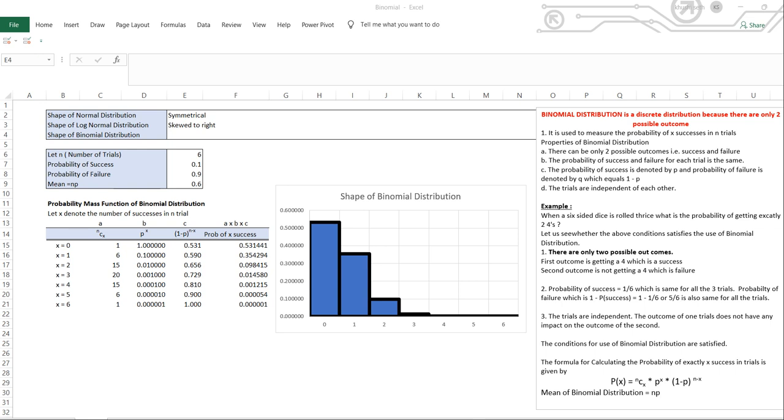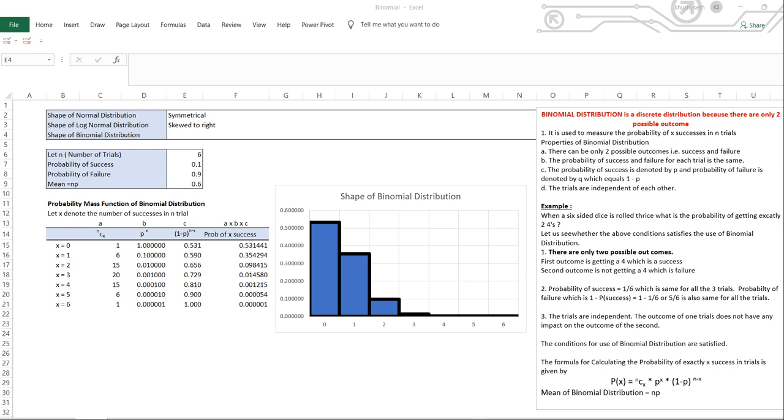Now I will take up a problem set where we can apply the binomial distribution. When a six-sided dice is rolled thrice, what is the probability of getting exactly two fours? Let us see whether the problem set qualifies for the use of the binomial distribution.